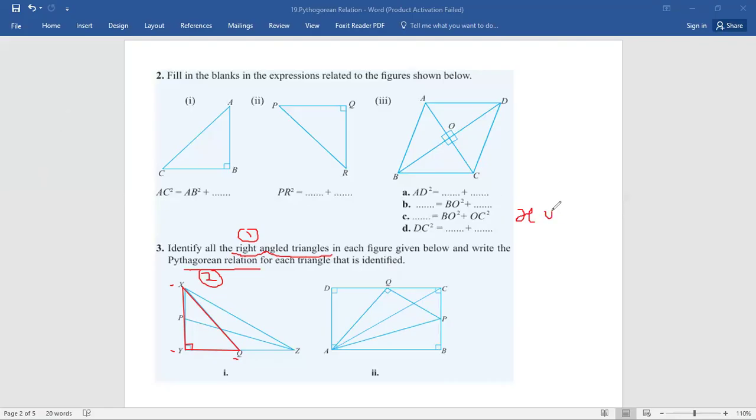X, Y, Q. This is my first right angle triangle.